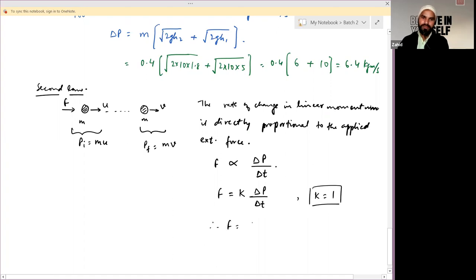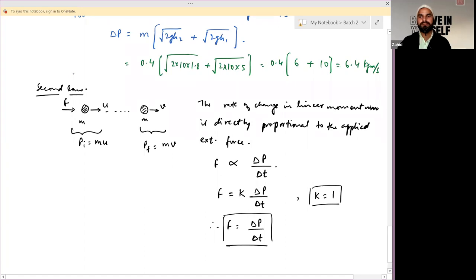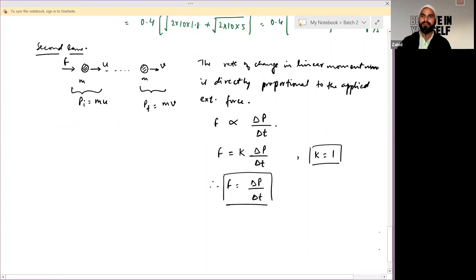So F equals delta P over delta T. Write it down till this part. Done, sir. Okay.